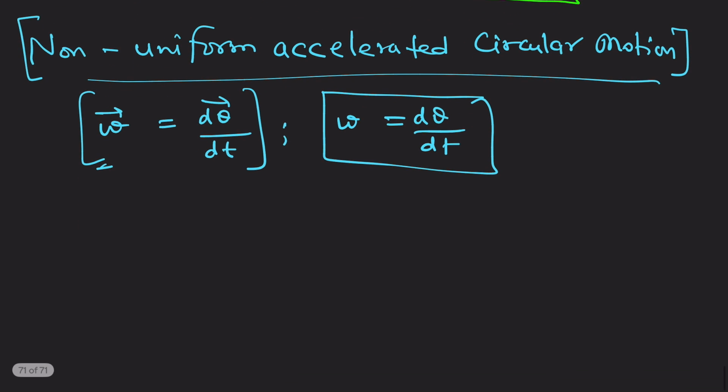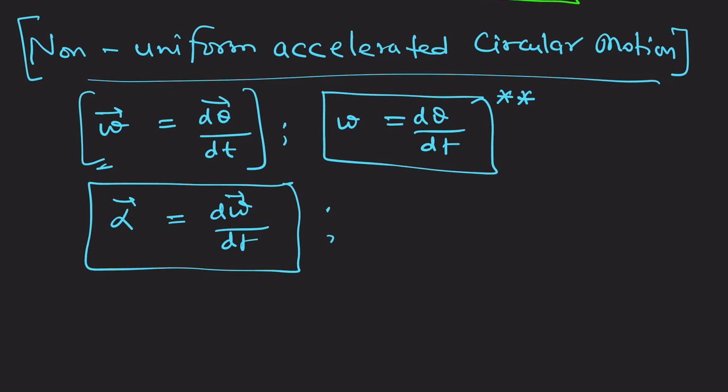Okay, this is the first fundamental equation, guys. The second equation is alpha is equal to d omega by dt. This you can use as a vector also, but we are going to use this like this only.